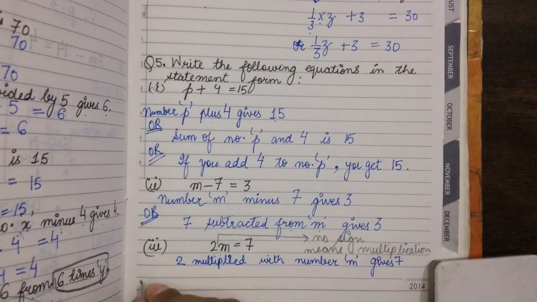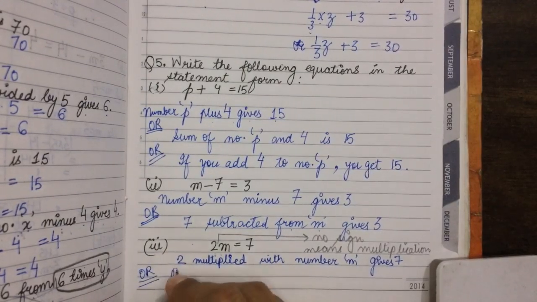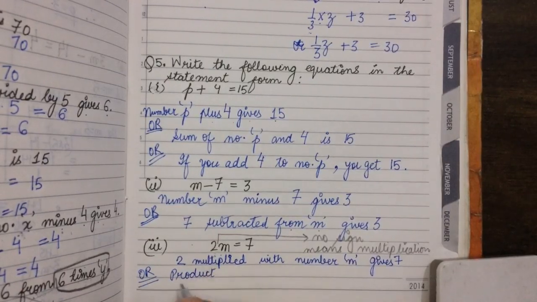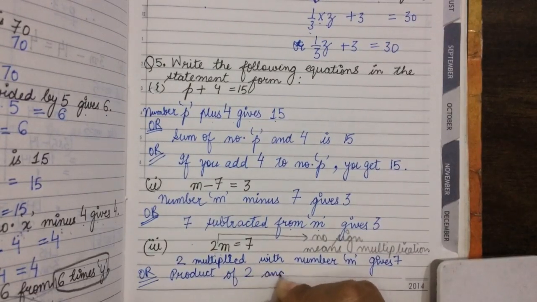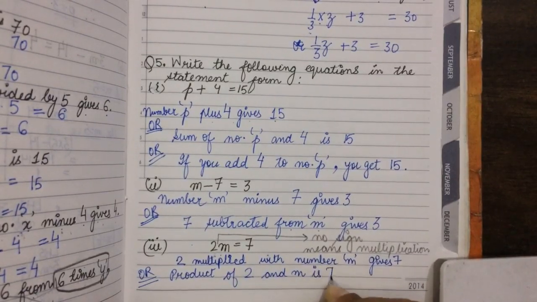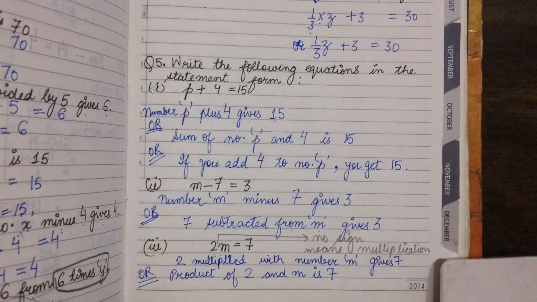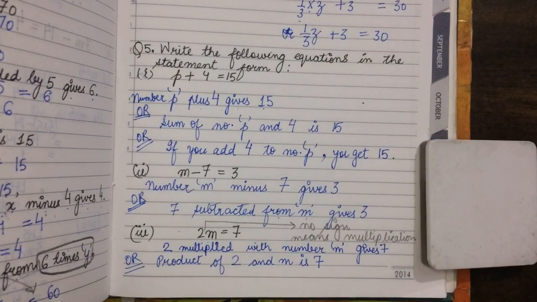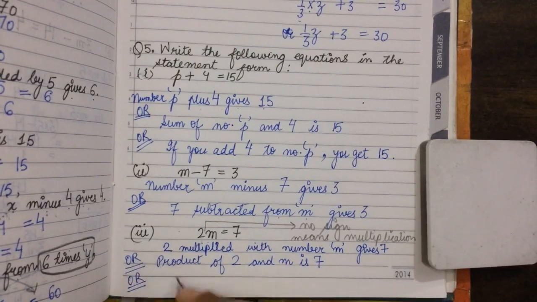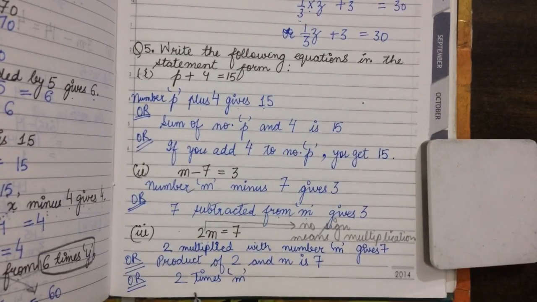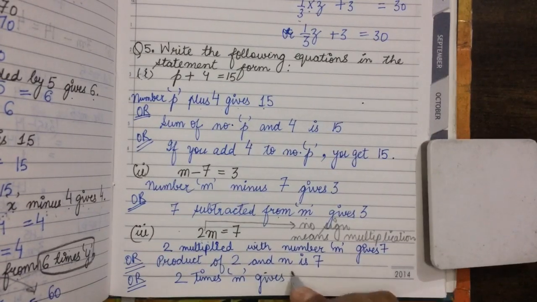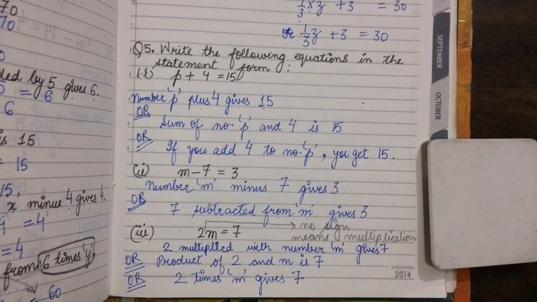This is one way. Or you can also write it as product. Product means the answer of multiplication. The product of 2 and m is 7. Then there is another way to write this. Or 2 times m. When we use the word times, this also means multiplication. So 2 times m gives 7.